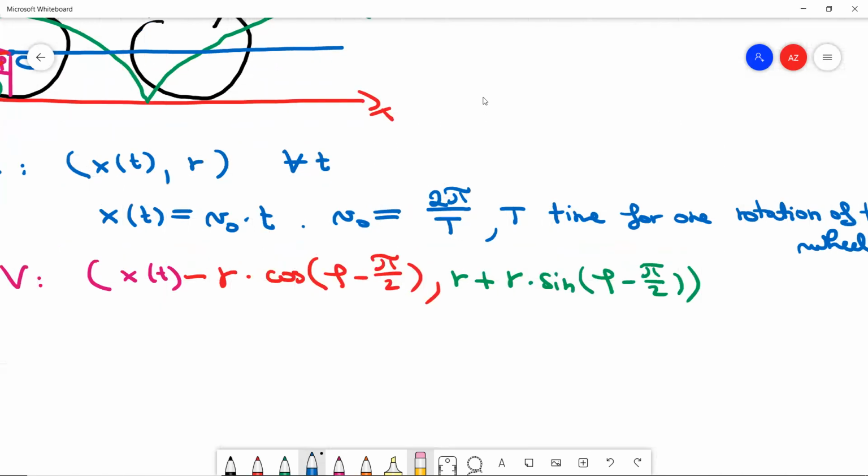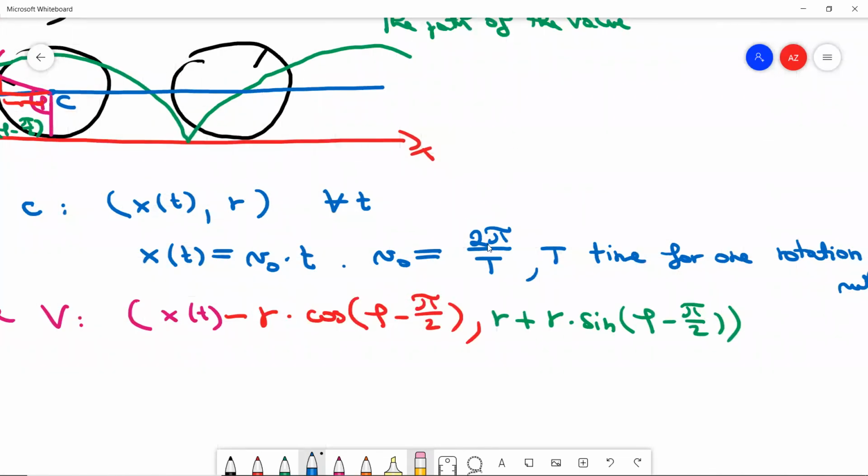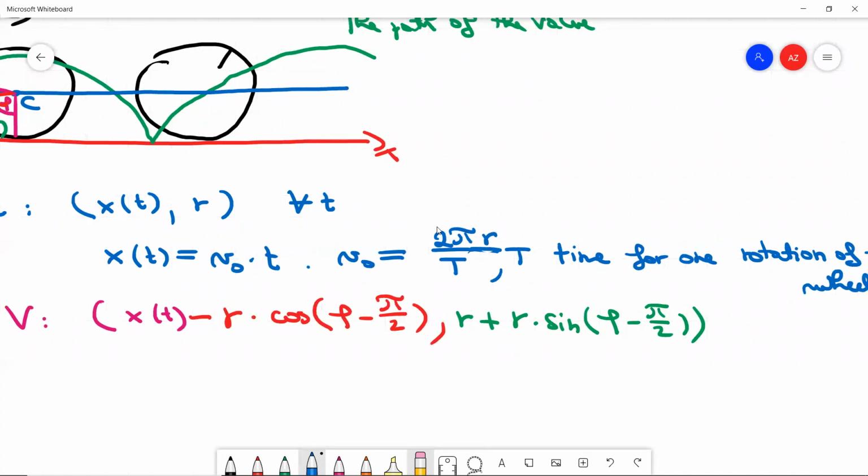So when the wheel rotates once, it traces 2 pi times r, since this is just the circumference of the circle. I have a in my notes, that's why I'm confusing a with r. So 2 pi r over capital T, the time for one rotation, is the horizontal speed of our bicycle.